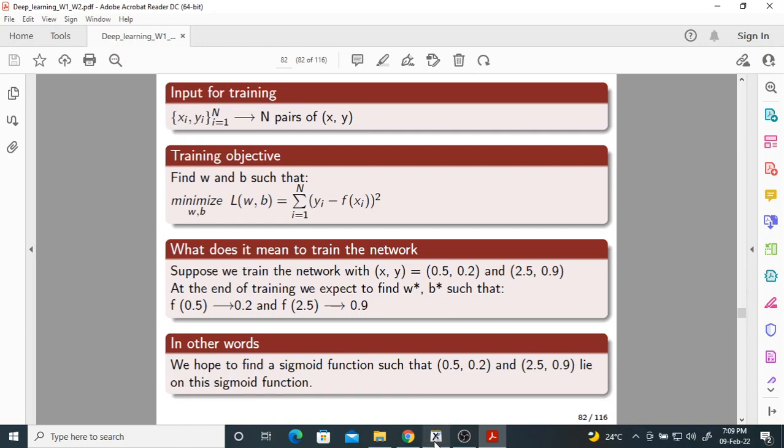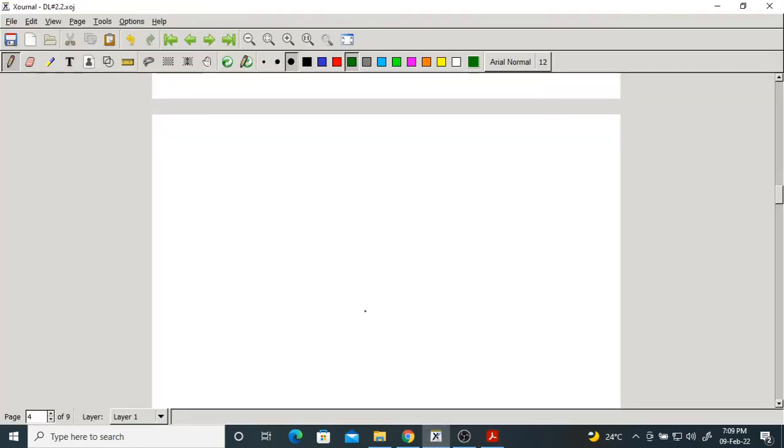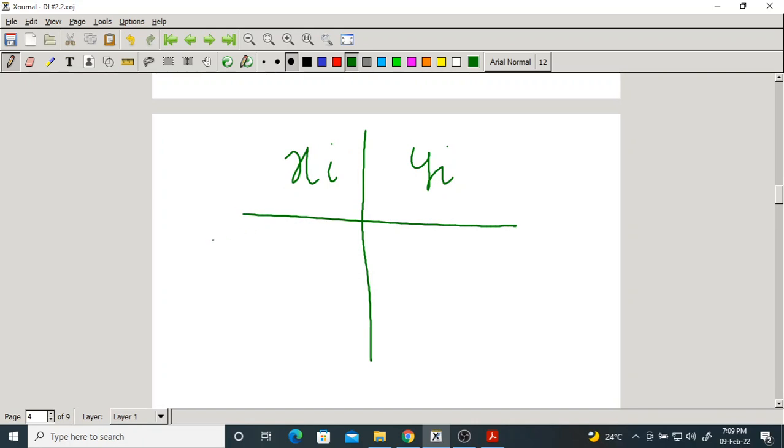What is xi? What is yi? This is xi, this is yi. For each movie, xi is the critics rating, CR, and yi is the IMDb rating. I am giving the values.